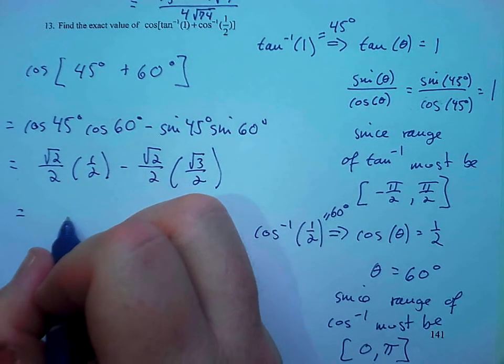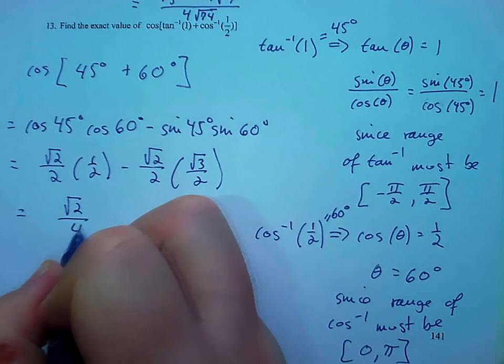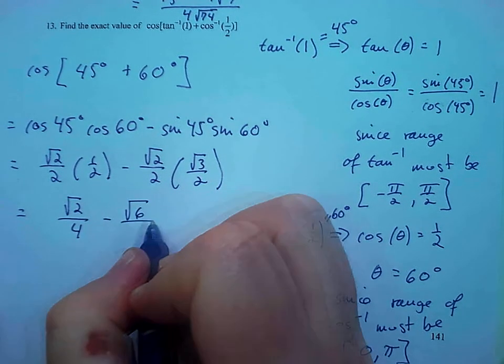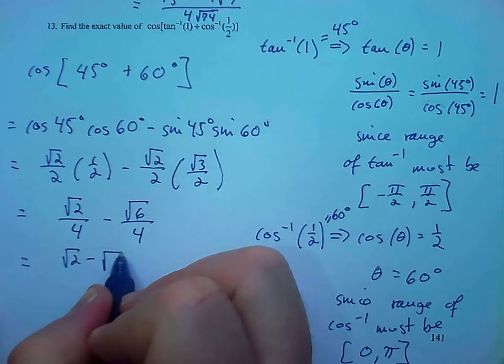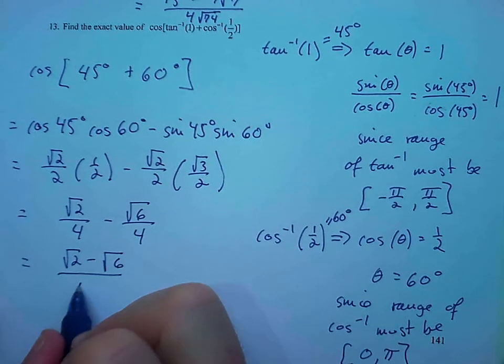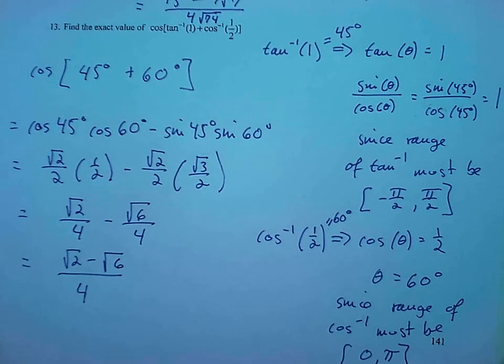So therefore this is just the square root of 2 over 4 minus the square root of 6 over 4, or just the square root of 2 minus the square root of 6, over 4. And that is the last problem for this section.